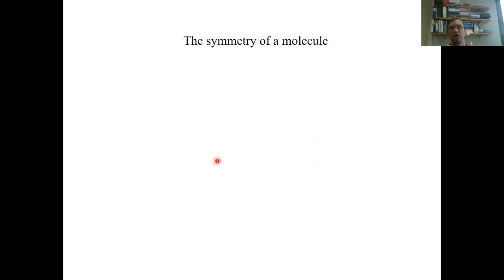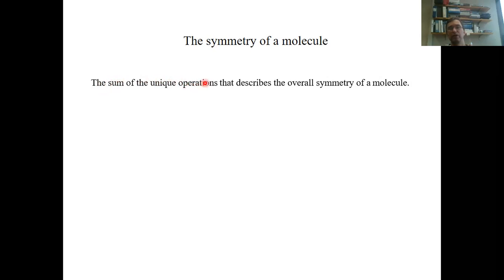Okay, so now we have fully discussed the symmetry elements and the symmetry operations that can exist in a molecule. So now let's ask what determines the overall symmetry of a molecule. And this is just the sum of the unique symmetry operations that exist within a molecule. So the sum of unique symmetry operations describes the overall symmetry of the molecule.